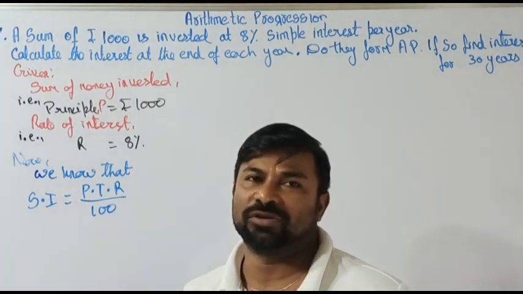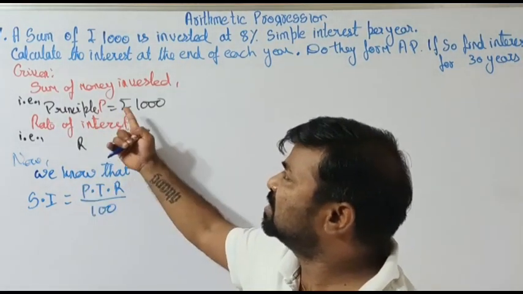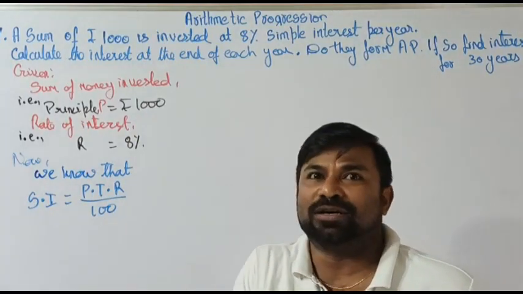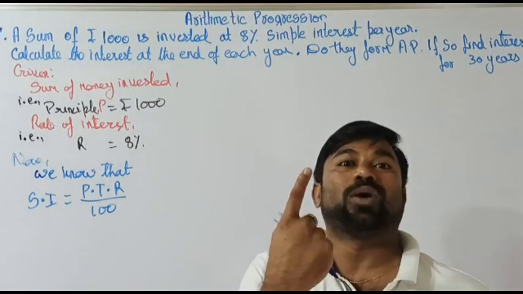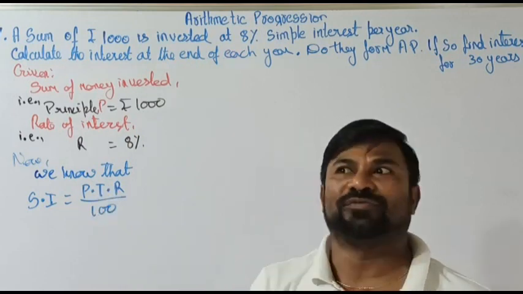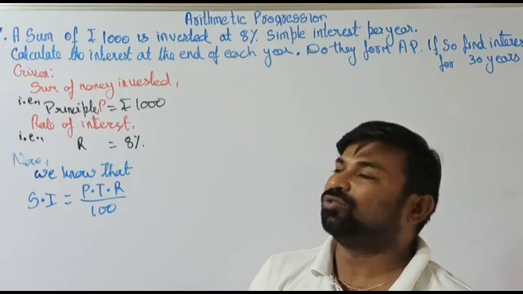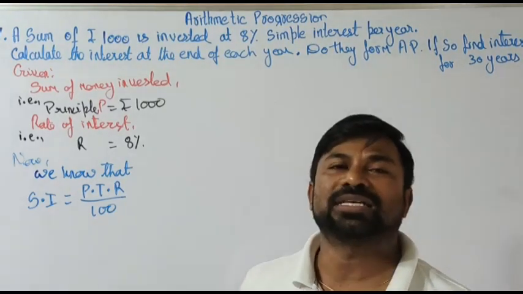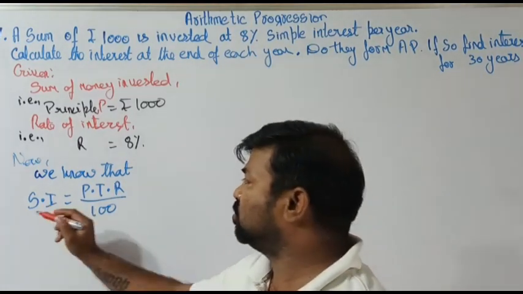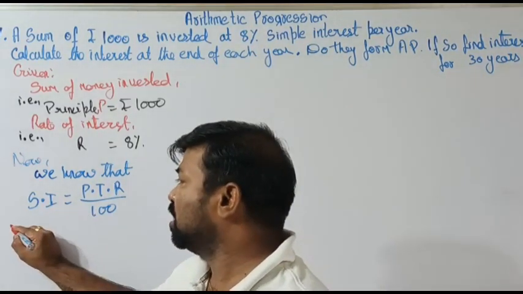This is the formula generally we use, where P is the principal amount, T is the time period. How many years? Is it 1 year? If it is 1 year, T is equal to 1. If it is 2 years, T is equal to 2. If it is 3 years, T is equal to 3. And rate of interest, I said, is nothing but 8%. Now this is the formula you are going to use.